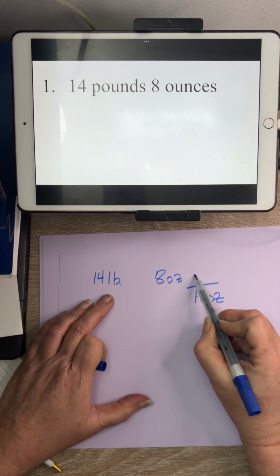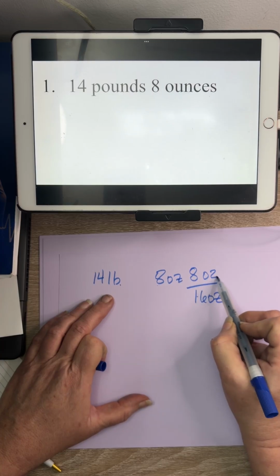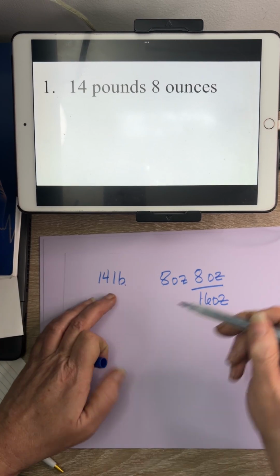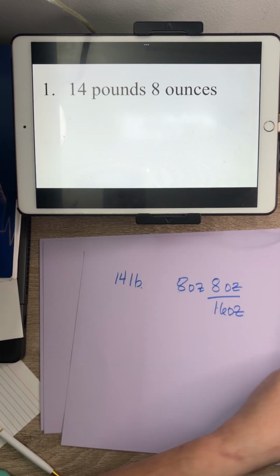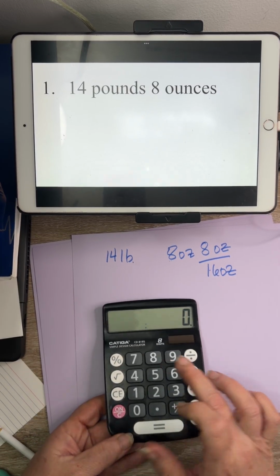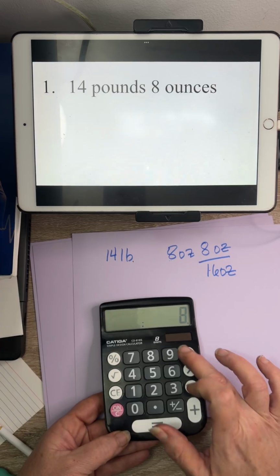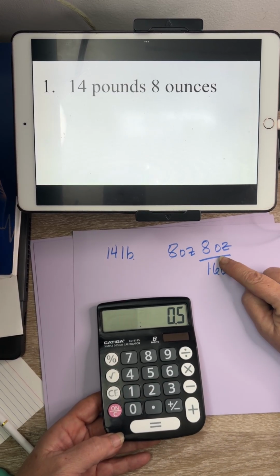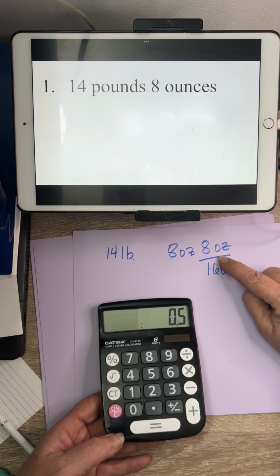Then you take the portion that they gave you and put it on top. This fraction says the top number divided by the bottom number. So get your calculator. 8 divided by 16 equals 0.5. So 8 ounces is 0.5 pounds.